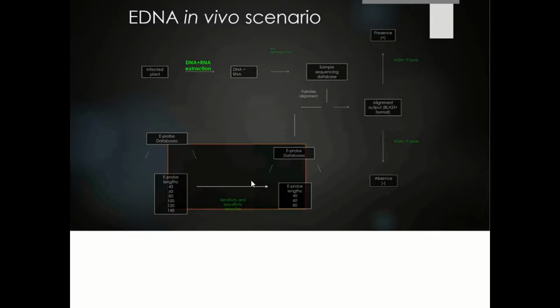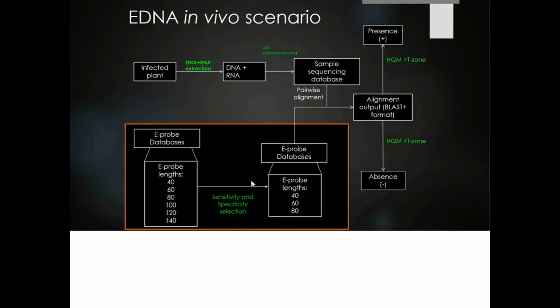Probably you already saw this similar chart, but in this case we did initially, prior to the in vivo scenario of eDNA, an in silico scenario where we had mock sample sequencing databases, which are simulated sequencing databases. But after that, we got the best quality eProbes and just selected those and used them in an in vivo scenario, which is the real sequencing data.